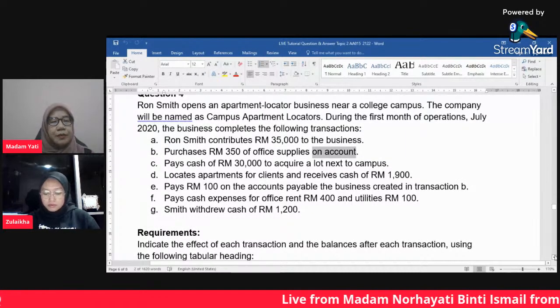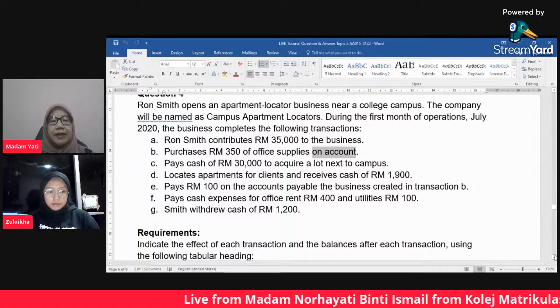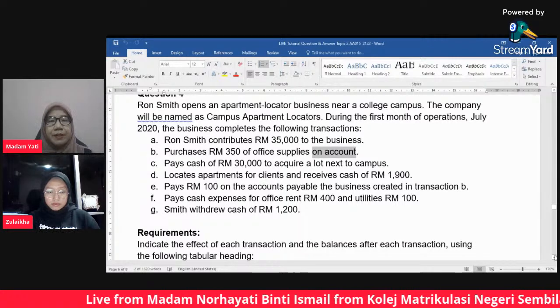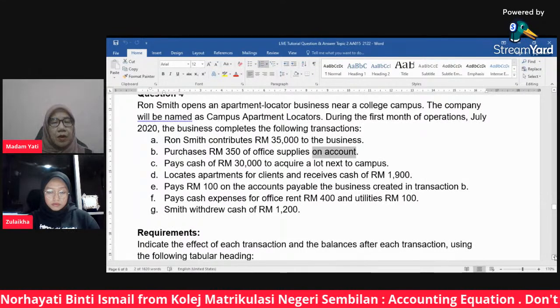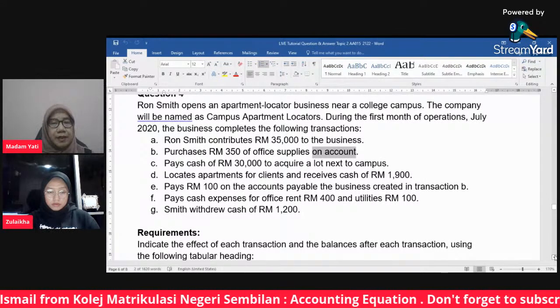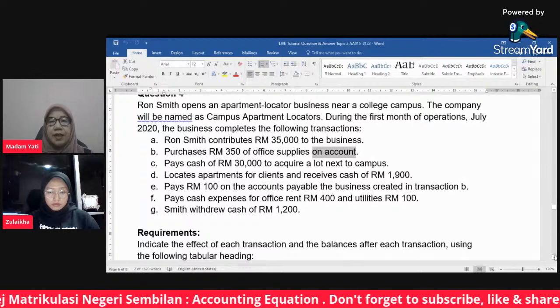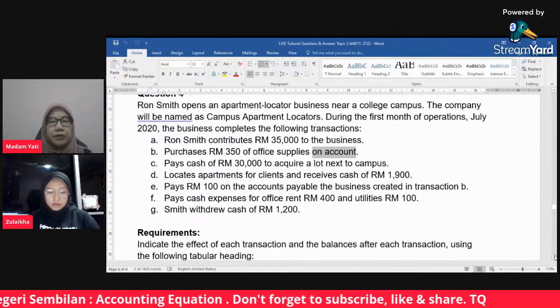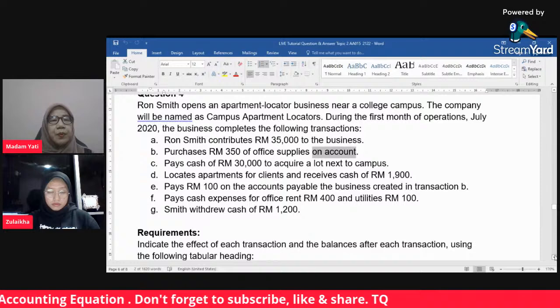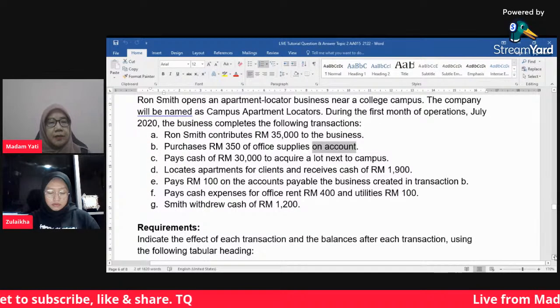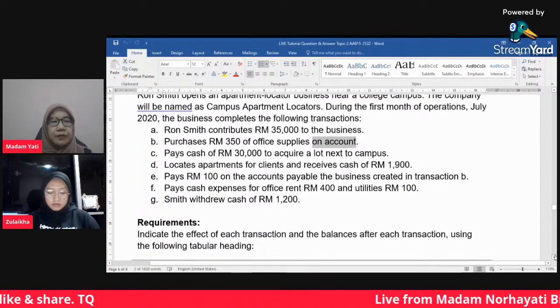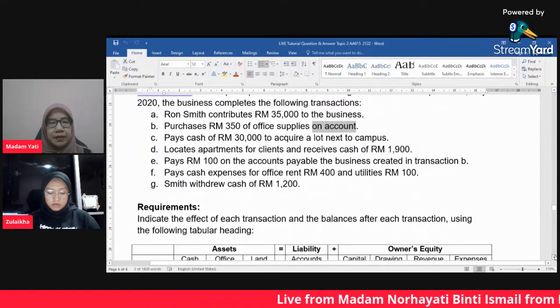So you have to analyze the transaction and the balances after each transaction. The balances, that means you have to total for asset. Total asset must equal total liability plus total owner's equity using the following tabular. Okay, tabular heading. Tabular ni apa? The table.